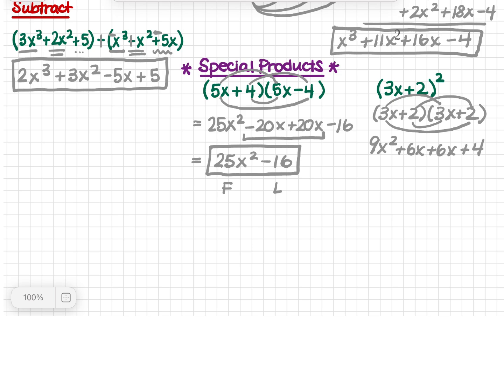And then I guess what's special about this is, what do you notice about your outside and your inside? They're samesies. And if you catch on to that pattern, it's all about pattern recognition, then you'll notice that this is always double of an outside inside, right?